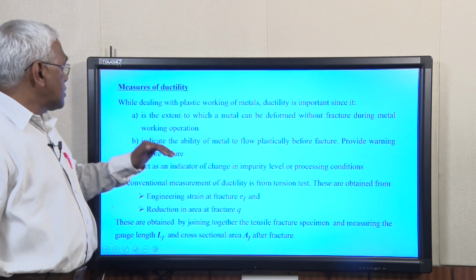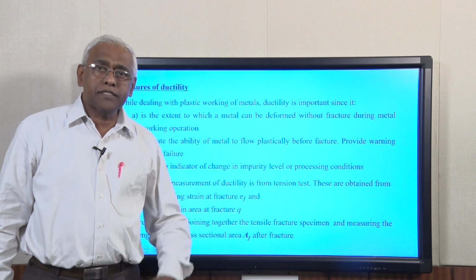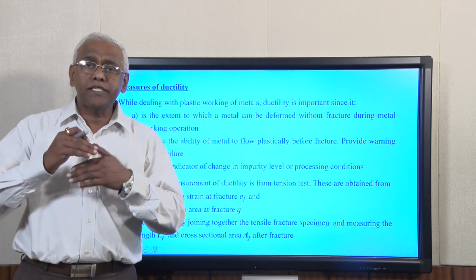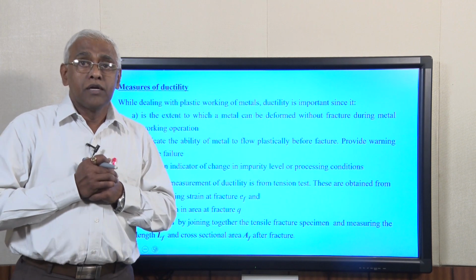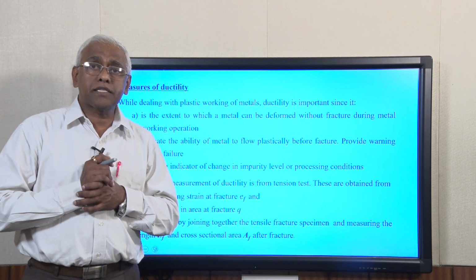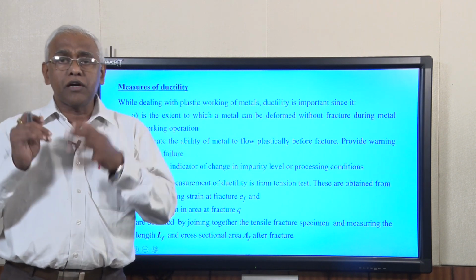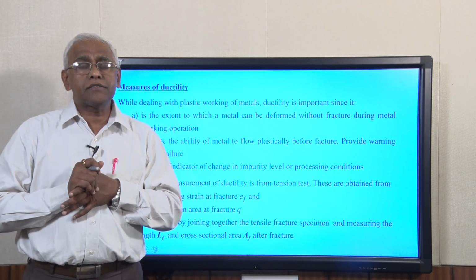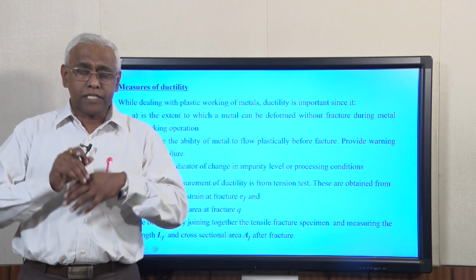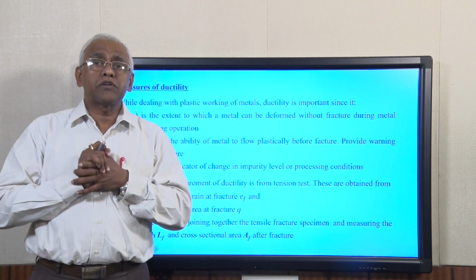Now, let us come to the measures of ductility, because for plastic deformation what is important is to what extent the material can deform. So, you may have to conduct this tensile test at various conditions, and knowledge about ductility is very important, because all engineering materials for application purposes, especially structural purposes, require some minimum amount of ductility.